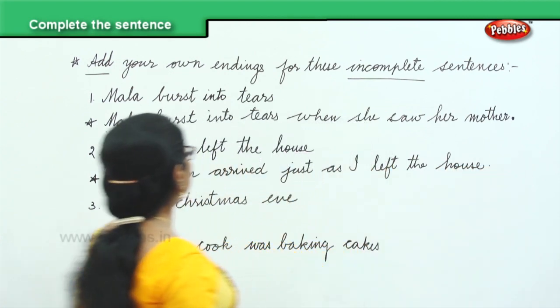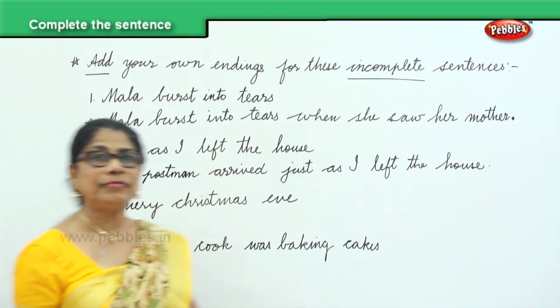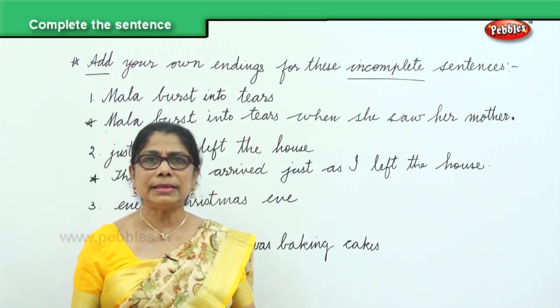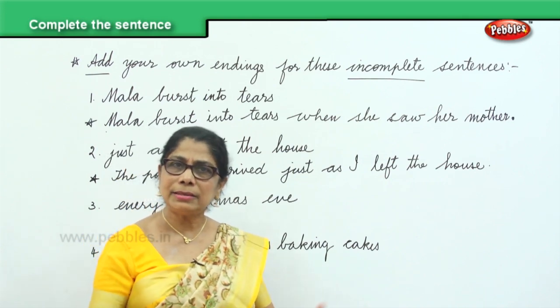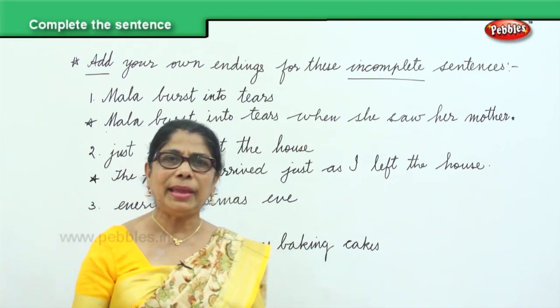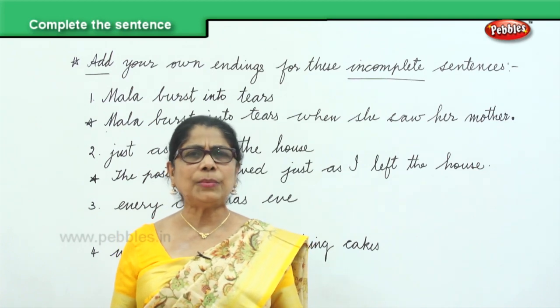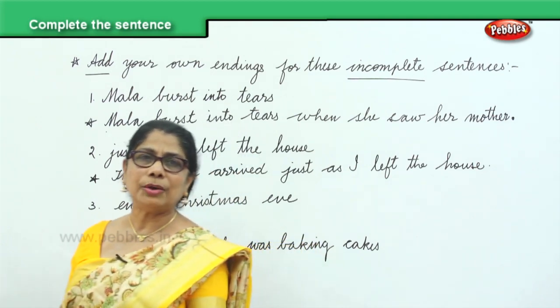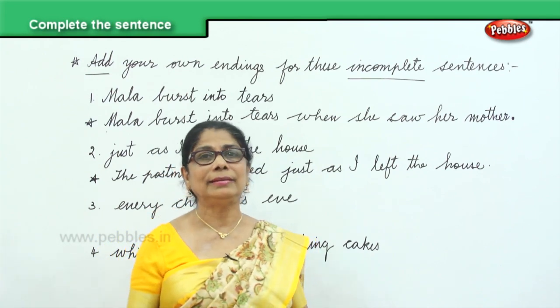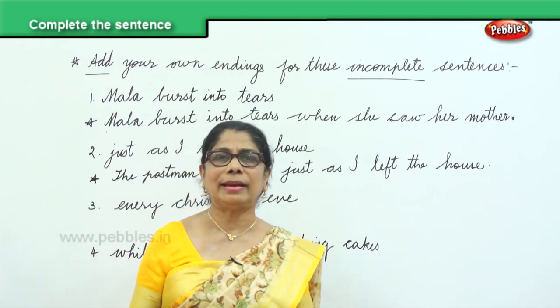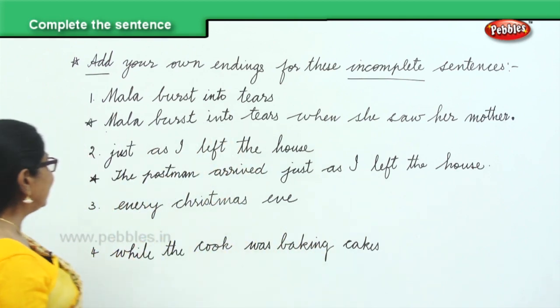Okay? So, just as I left the house, my uncle arrived. Just as I left the house, the maid arrived. You can say what I want. Just as I left the house, my friend joined me, or my friend arrived. Okay, whatever you want, you can write.